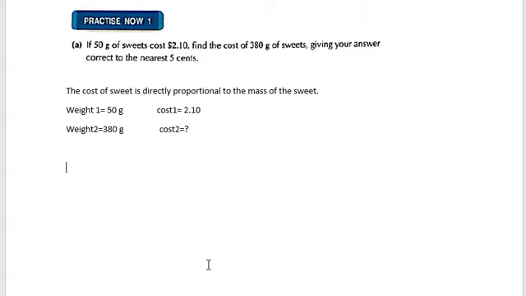So if I use the proportion method, I can write that the cost of sweets is directly proportional to the mass of the sweets. If you write down the ratio of the weight and cost, we can use one equation: weight 1 divided by cost 1 equals weight 2 divided by cost 2.